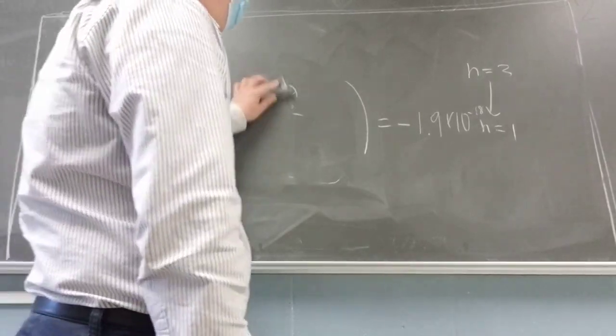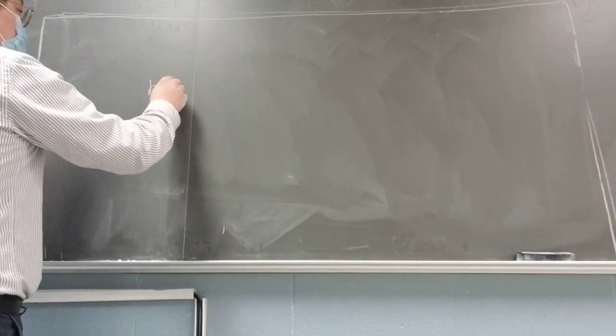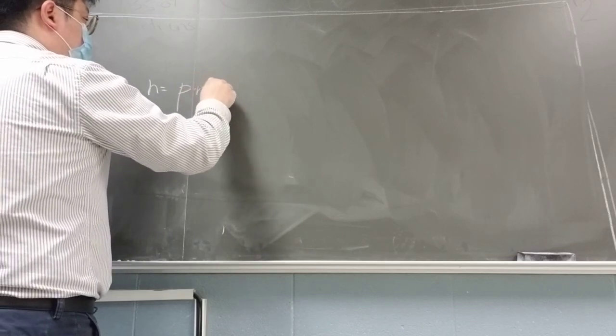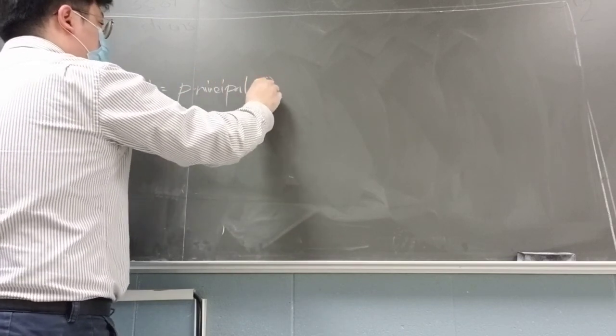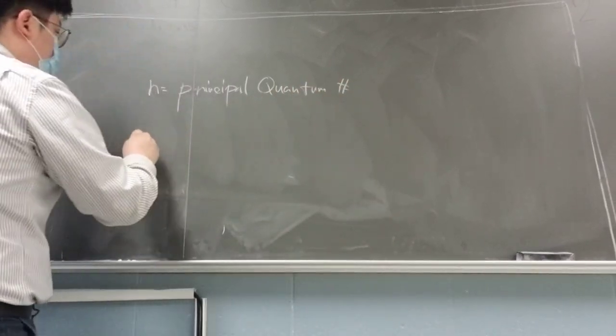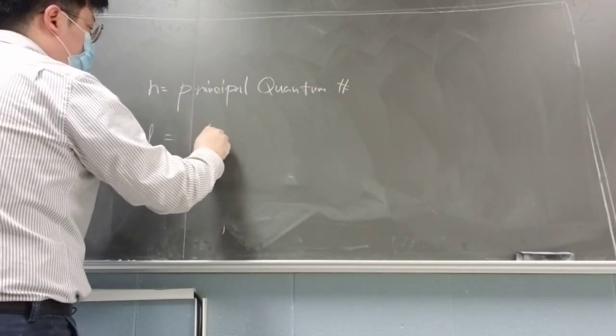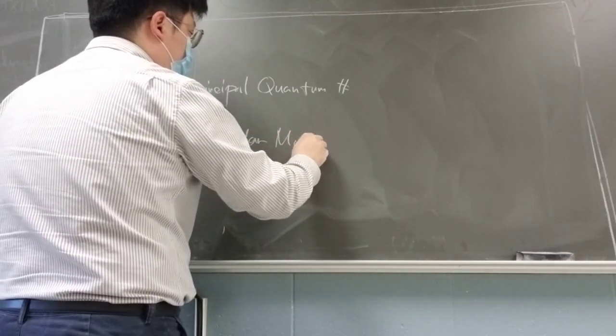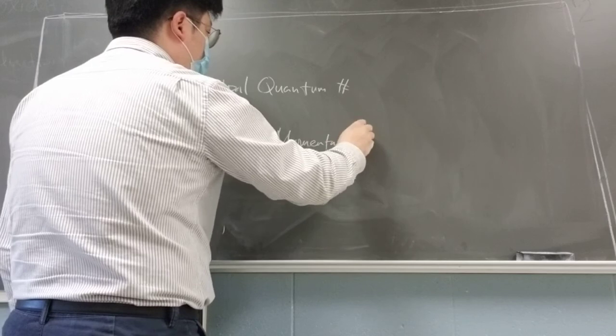All right, so finally, let's talk about the quantum numbers. We just talked about the principal quantum number. The next one is the angular momentum quantum number.